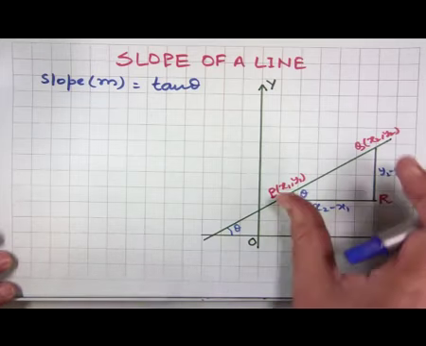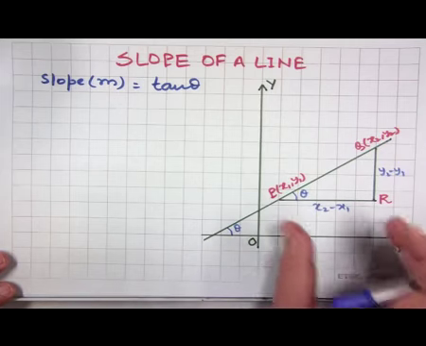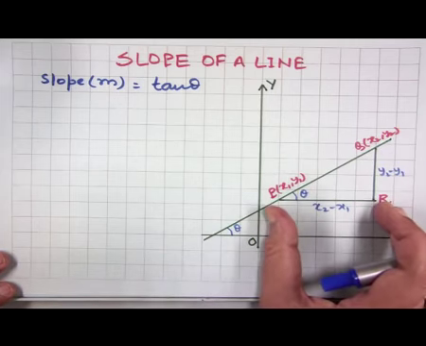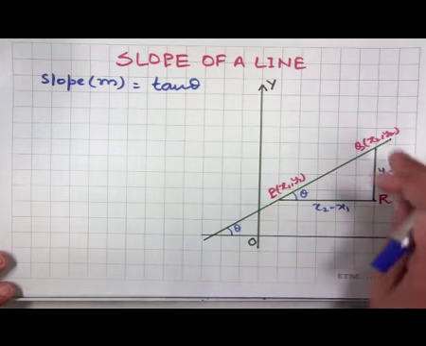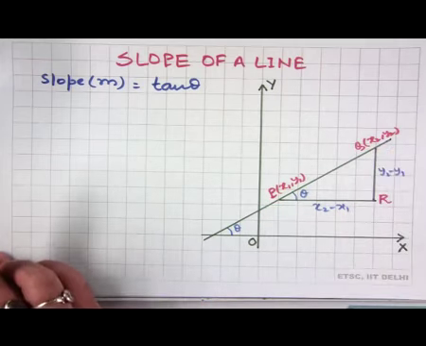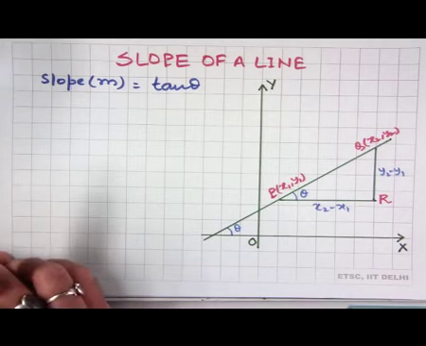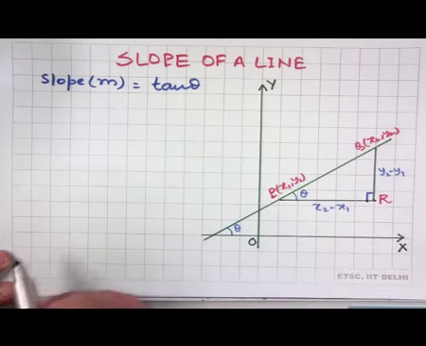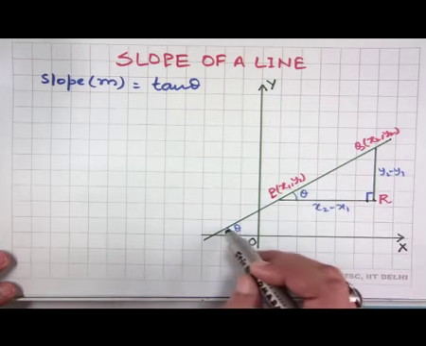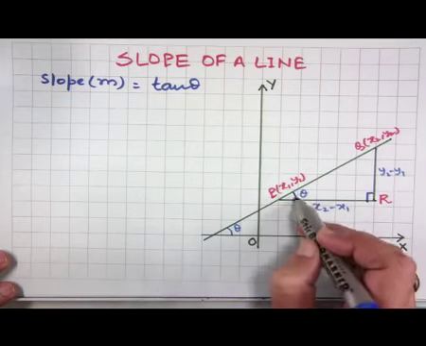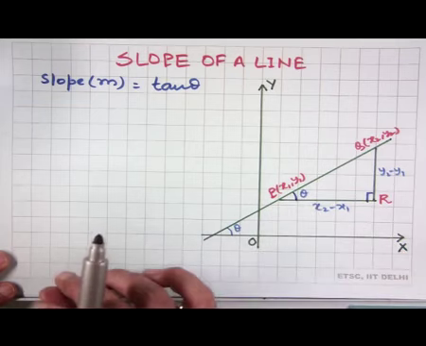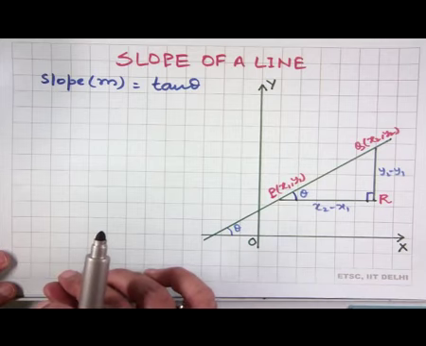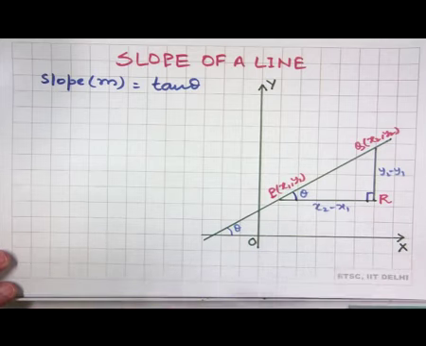In this right angle triangle PQR, PR is x2 minus x1, and QR is y2 minus y1. This is the right angle, and if this angle is theta, then this angle is also theta by corresponding angles, because PR is parallel to the x-axis.